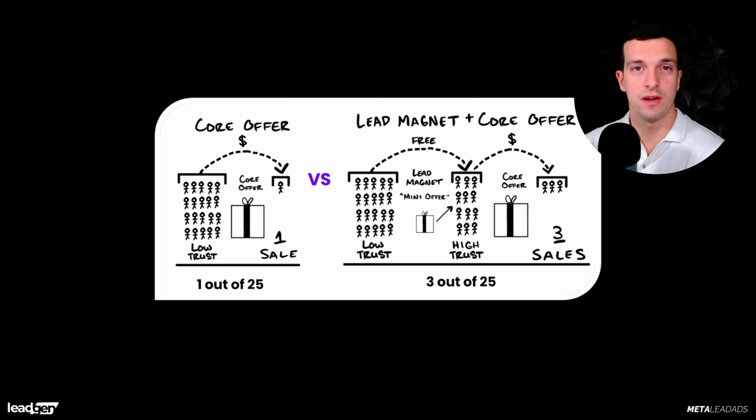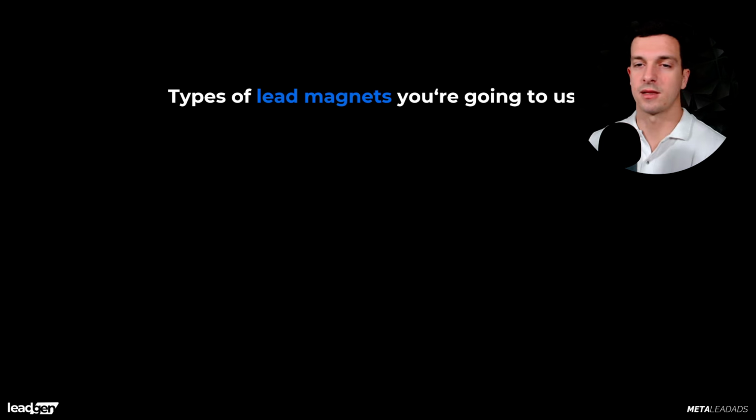You have the same 25 people, but you make them a lead magnet offer, and 10 to 12 people are going to be interested. You're going to do your service, convince them, bring value, and get like 3 customers. Let's say you spend money to get these 25 people. The investment is the same in both cases, but in the end you're going to get more customers if you go with the lead magnet.